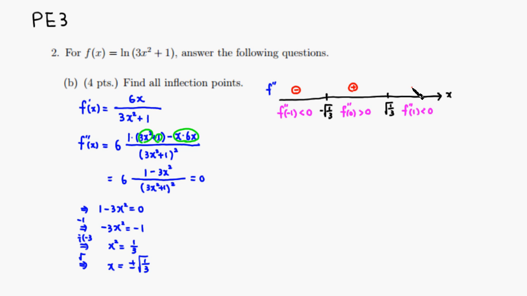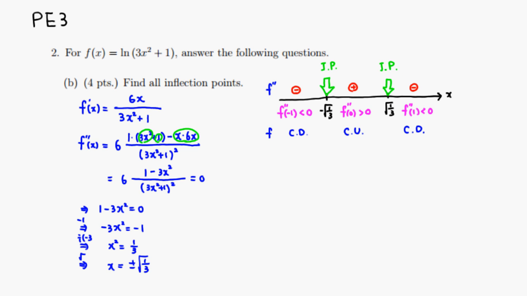So for the original function f, the concavity is concave downward on this interval, concave upward on this interval, then concave downward again. Since there's a concavity change here, there's an inflection point, and there's a concavity change here as well, so it's an inflection point too.